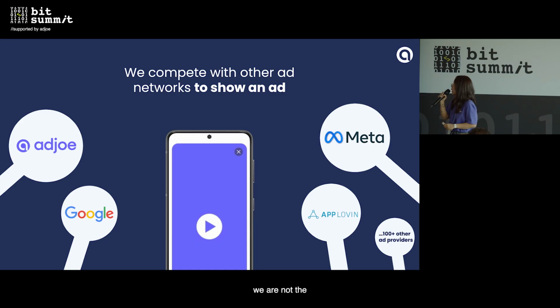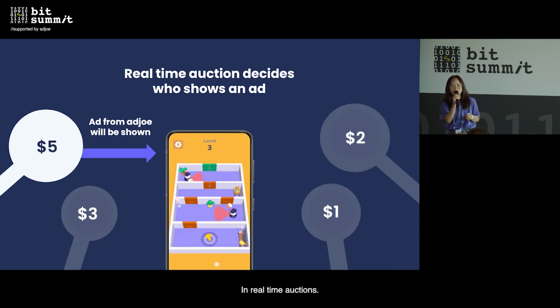And of course, we are not the only player in the market. We are competing with more than 100 ad networks, and many of them are big names like Google, Meta, or AppLovin. Where do we compete with them? In real-time auctions.